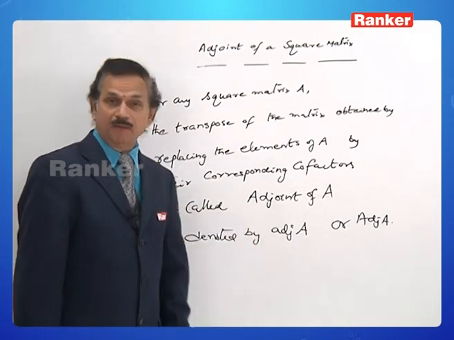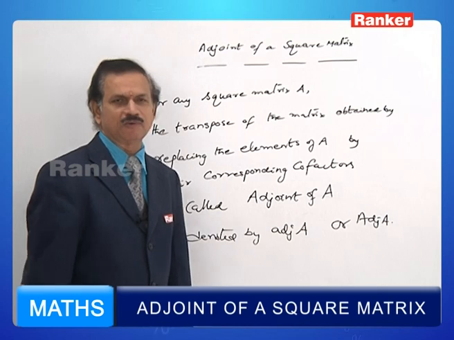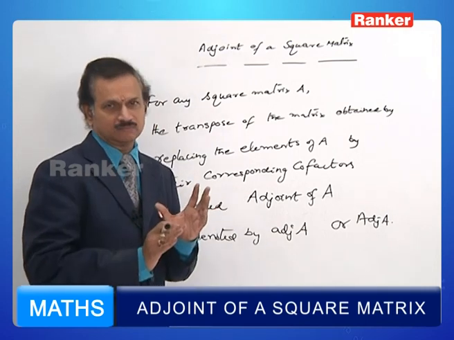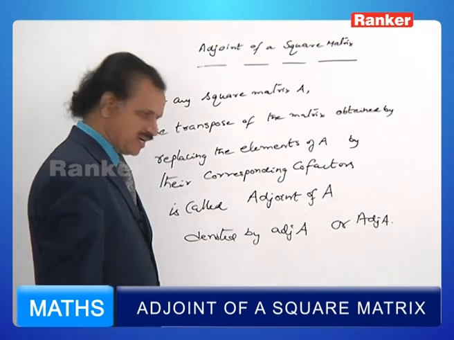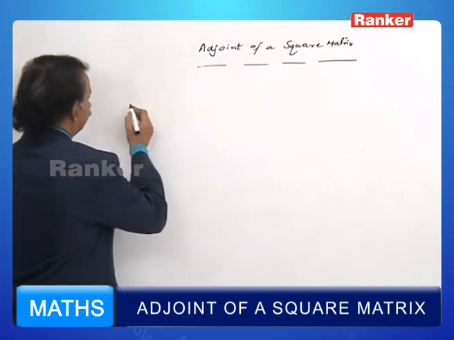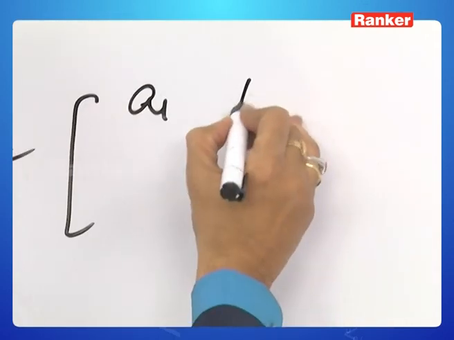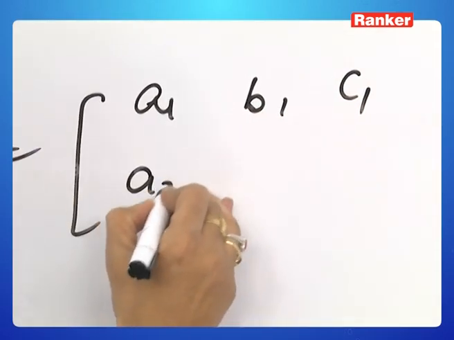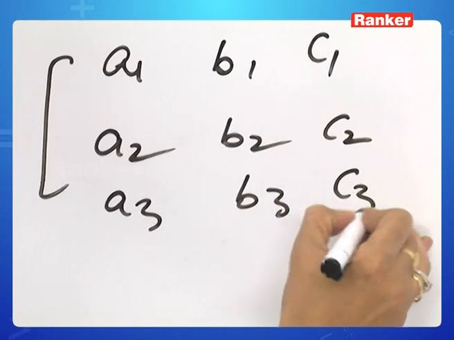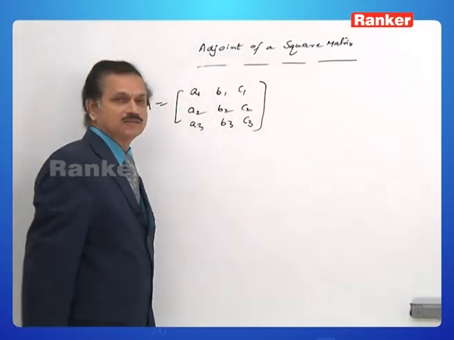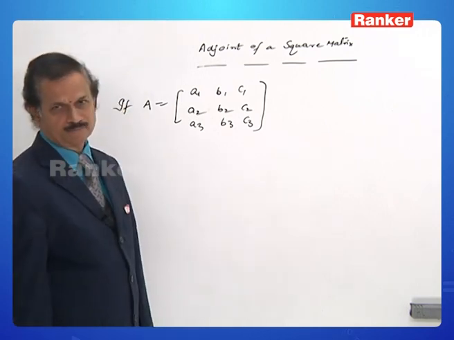Well, it has a particular symbolism also in the case of square matrices of the type 3 by 3 or 4 by 4. There is a simple order. What is the general symbolism that we usually use? We shall now look at that. If A is equal to A1 B1 C1, A2 B2 C2, A3 B3 C3, it is a 3 by 3 matrix whose elements are A1 B1 C1, A2 B2 C2, A3 B3 C3.